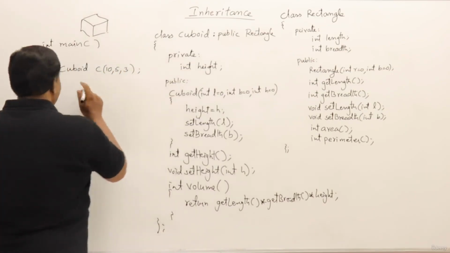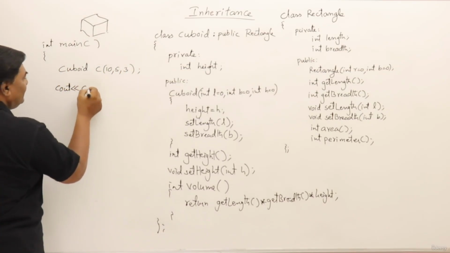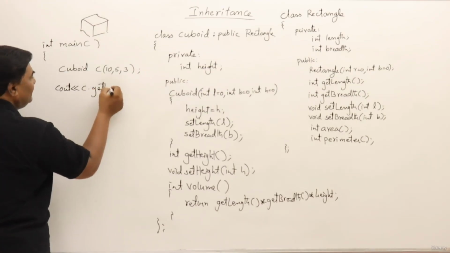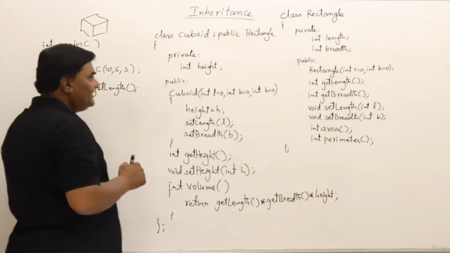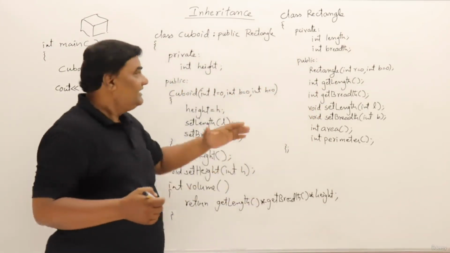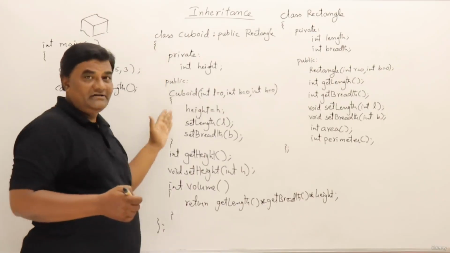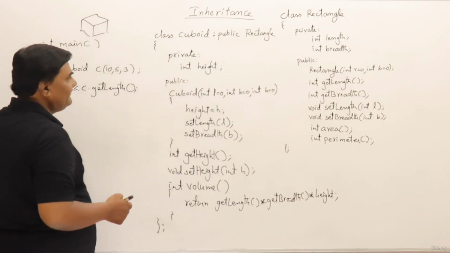So on this object, can I say cout c dot get length? Yes, I can call. Where is this function available? This function is available in rectangle class, but whose length will it give? It will give the length of a cuboid, because whose object did you create? Cuboid's object we have created.